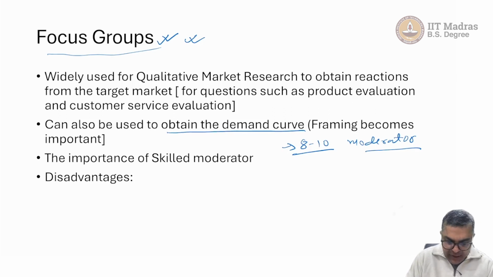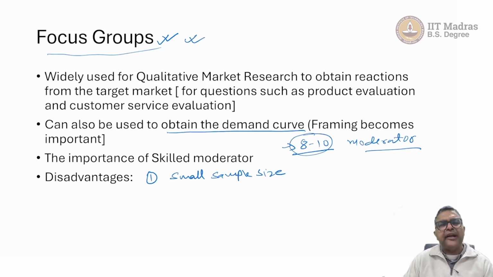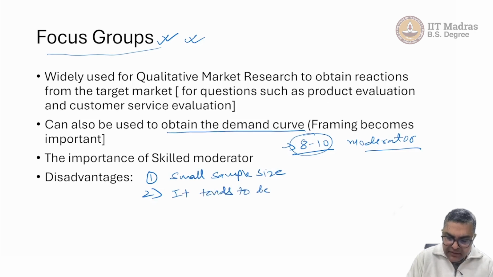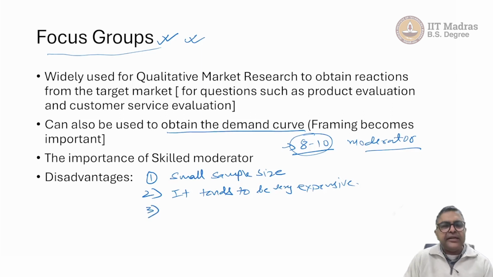It has certain disadvantages. One, it has a very small sample size. Why do I say small sample size? You tend to use 8-10 people, and you can say, why not increase the number? The problem is that it tends to be very expensive. You need to pay these focus group participants and it's very difficult to get them. Third, it's very much possible that one or two people in this focus group are so vocal that they completely change the direction of discussion.